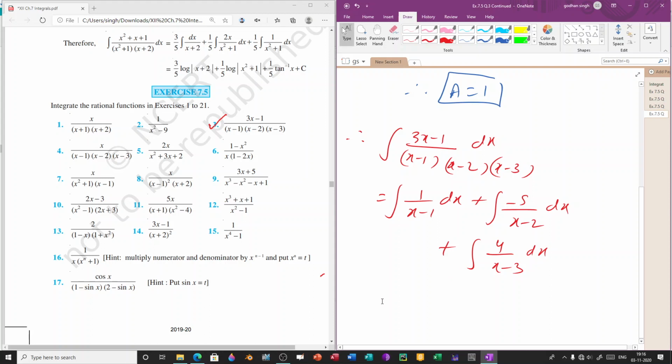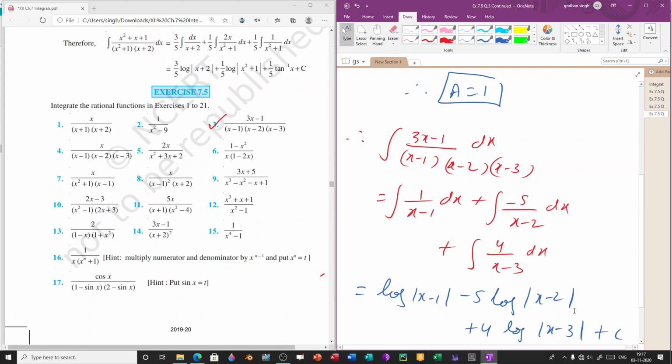Now we'll further simplify it. We know the integration of 1 by x is log x. So it is equal to log mod of x minus 1, and the minus 5 can be taken out of the integration, so we get minus 5 log mod of x minus 2 and plus 4 log mod of x minus 3 plus c.